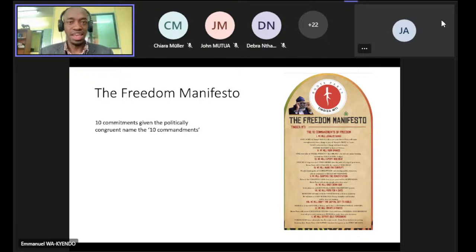It outlines 10 commitments that Wajakoya and his party will seek to fulfill once they get into office. They have called their commitments commandments, and this gives us a flavor of their inspiration. But here at the Institute of Economic Affairs, we want to test this against both the constitutionality and the economic viability, or the economic implications, of his proposals.